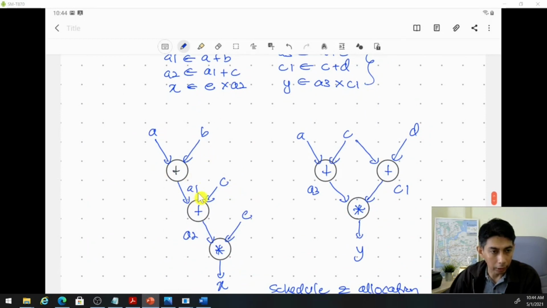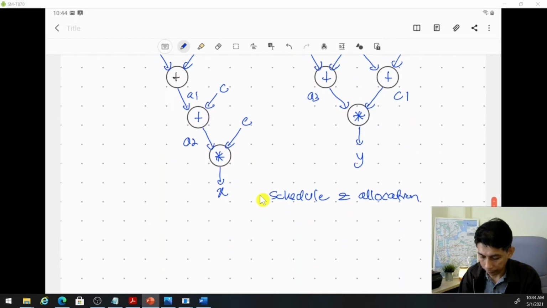Now our a1 is in R1, and what about C? We can have C in R3.